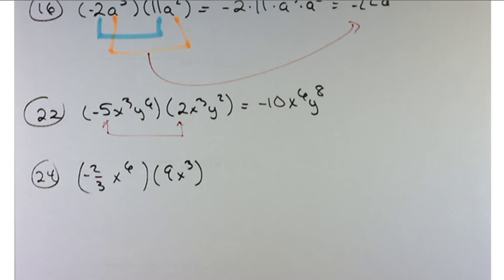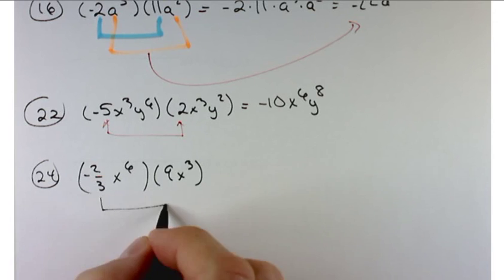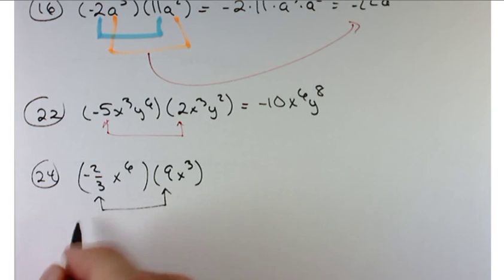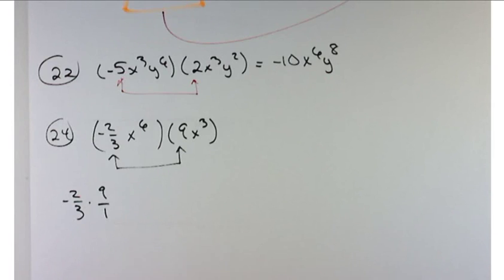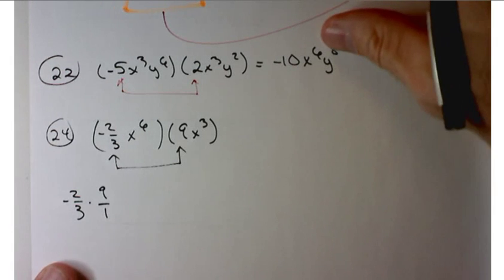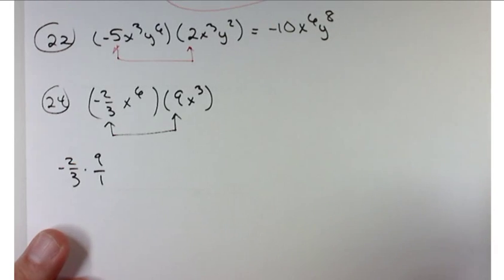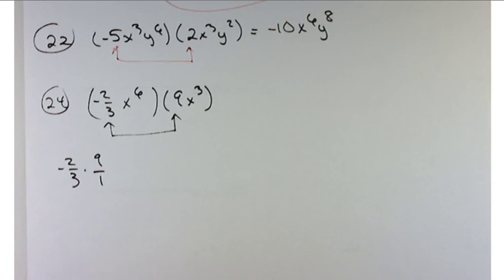Well, this is where you guys are going to struggle a little bit. We're going to have to multiply the negative 2/3 times the 9. So let me do that here. Instead of thinking of it as 9, maybe I'll think of it as 9 over 1.